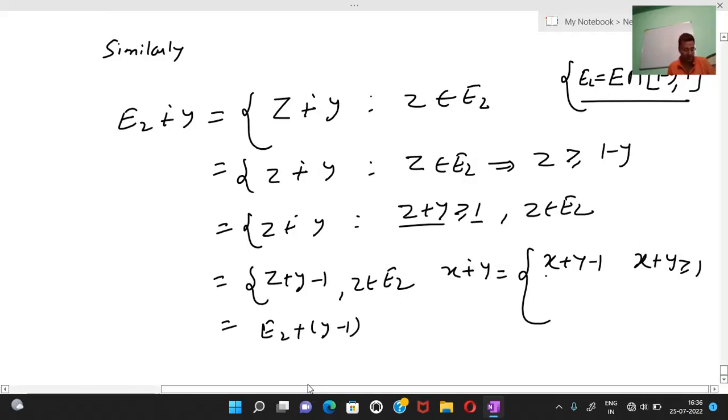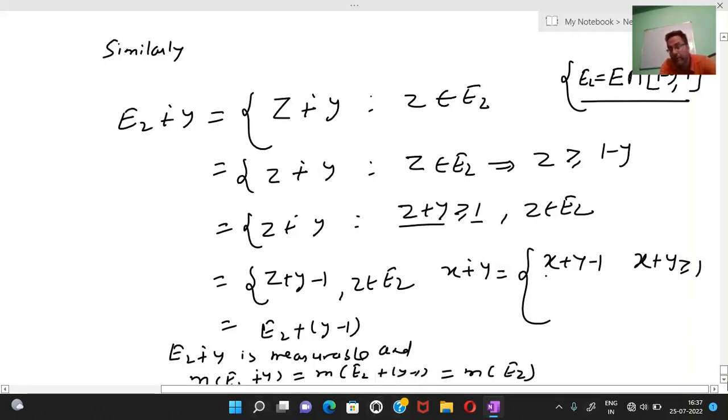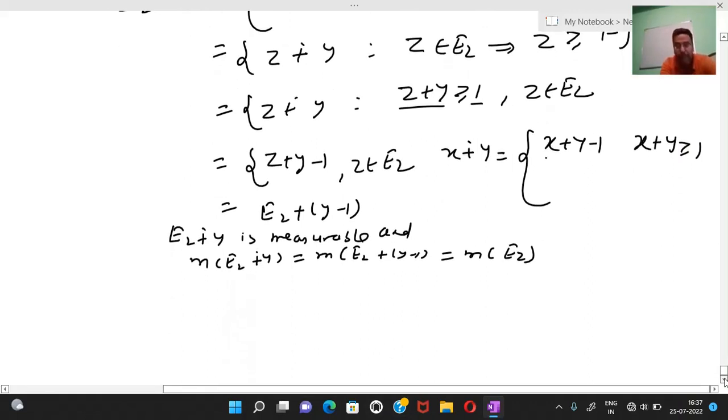Similarly, E2 plus dot y is measurable, and we can write m of E2 plus dot y equal to m of E2 plus y minus 1 equal to the measure of E2. By using both these equations, we can easily conclude the result.